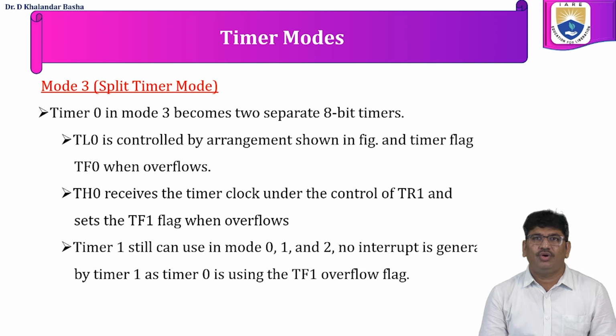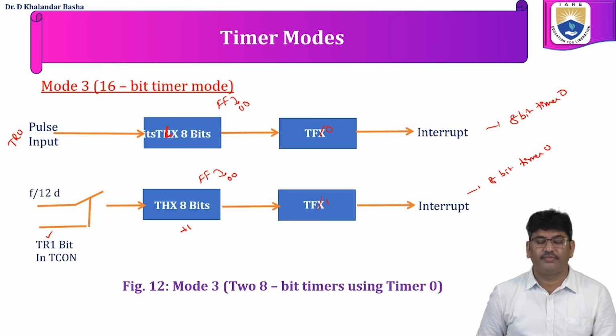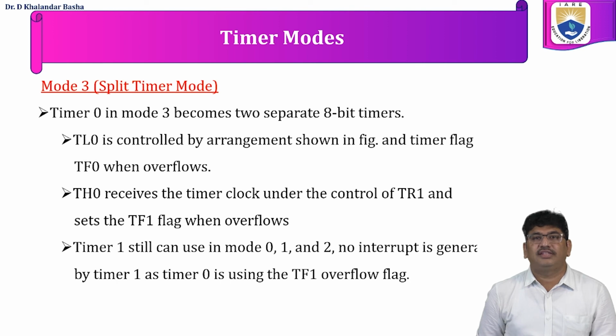The timer 0 in mode 3 becomes two separate 8-bit timers. TL0 is controlled by the arrangement shown in the figure, and the timer flag TF0 is set when it overflows. This is TLX. Next, the THX receives the timer clock under the control of TR1, even though it is timer 0, and sets the overflow on the TF1 flag when it occurs.